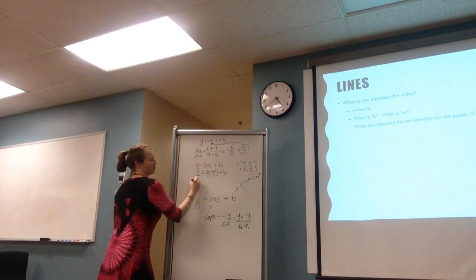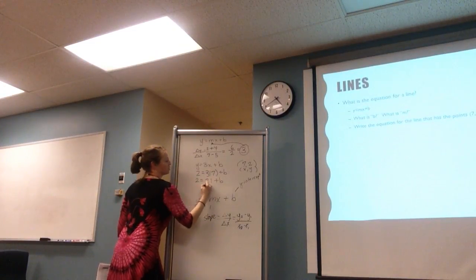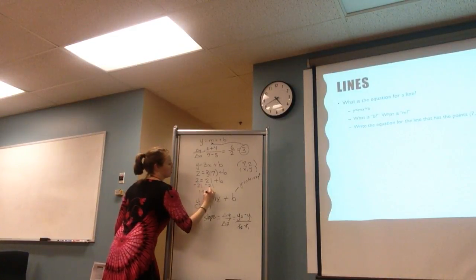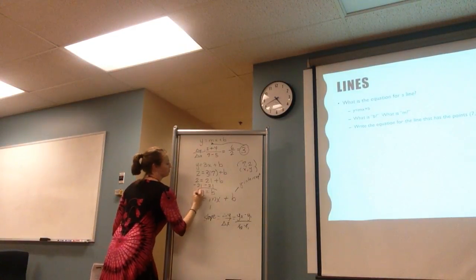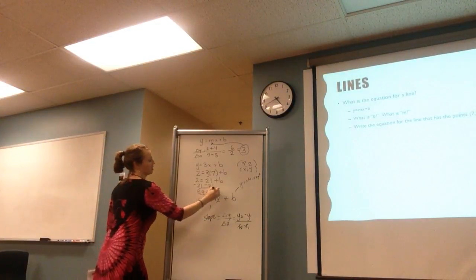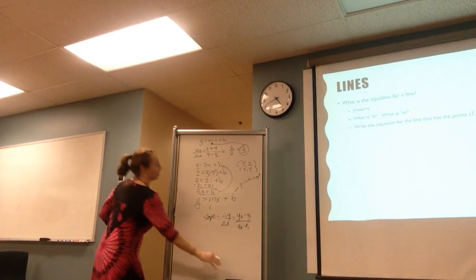Plus b. 2 equals 21 plus b. Subtract 21 from both sides. b equals negative 19. Now put it back up into here. And I have my answer.